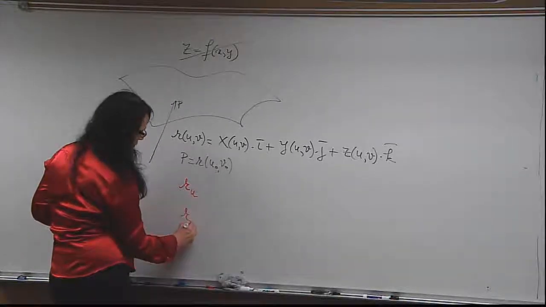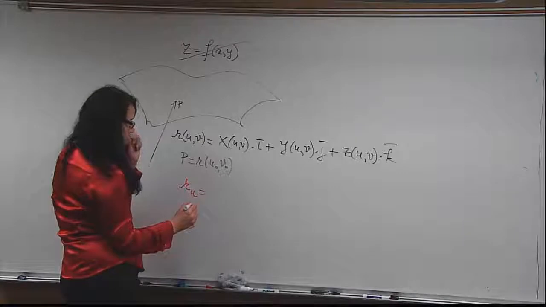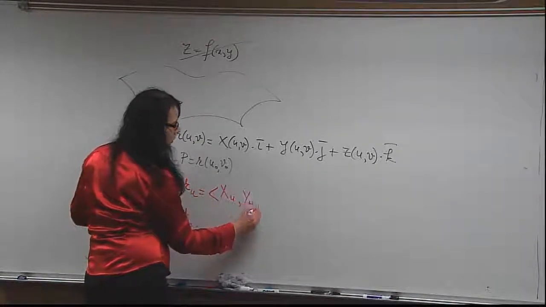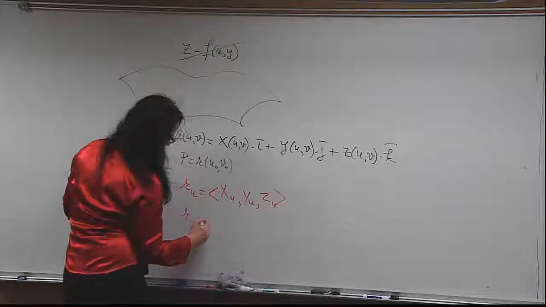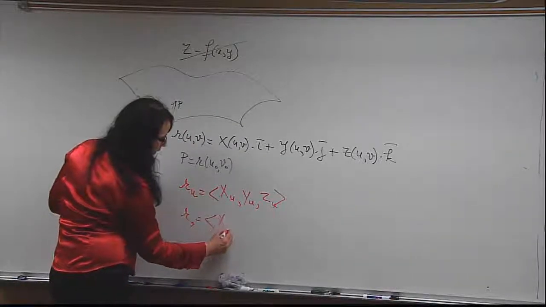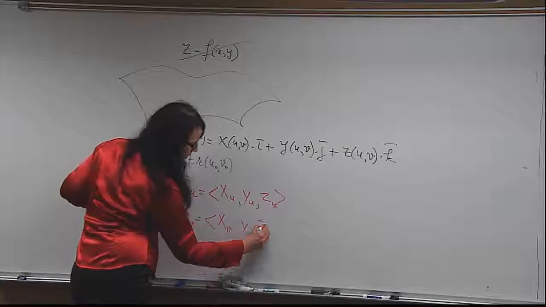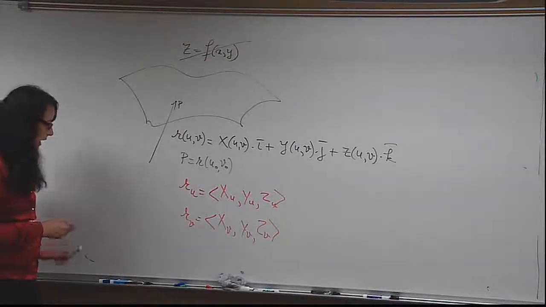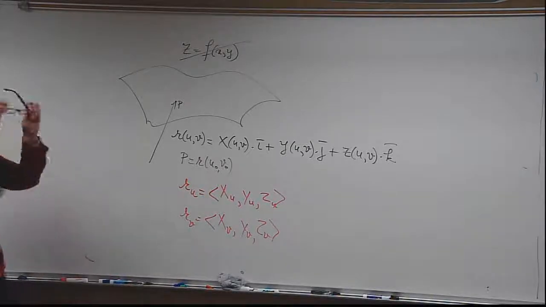Well, if I want to write the partials, they would be vectors. It's going to be the vector x sub u, y sub u, z sub u, and the vector x sub v, y sub v, z sub v. Two vectors. Do you remember when I drew them what they were?